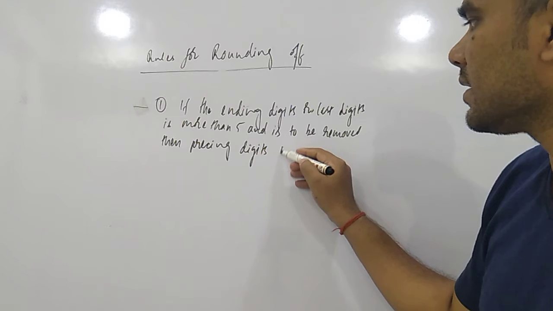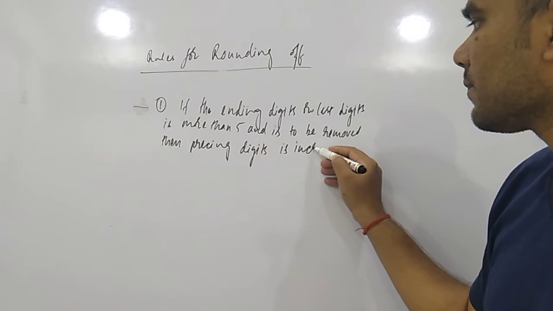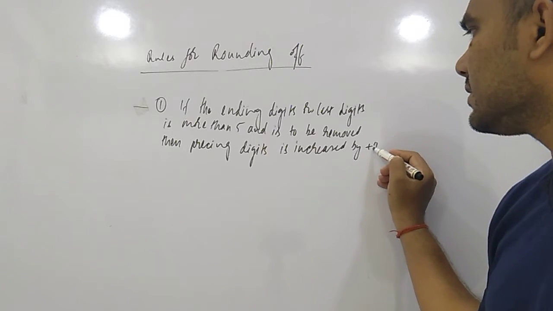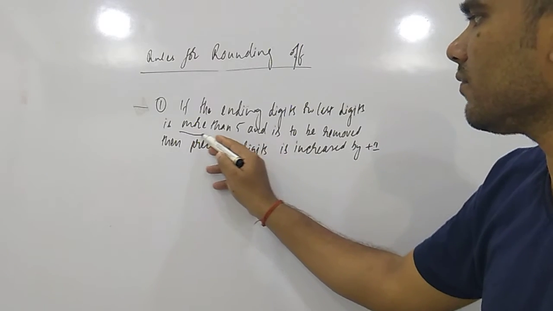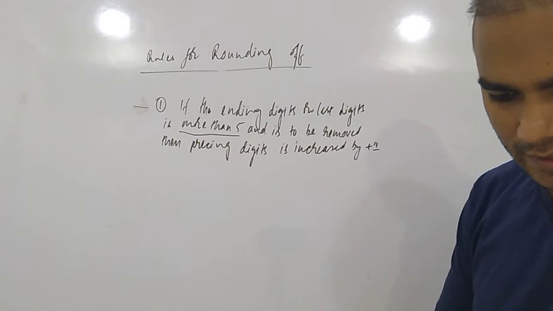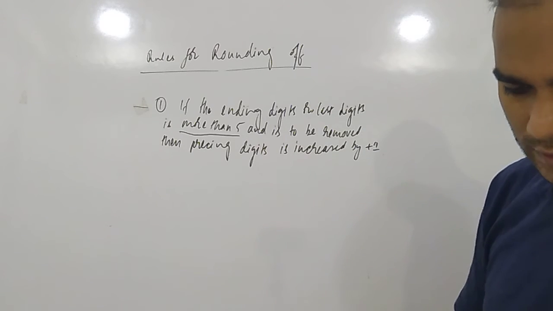So if the last digit is more than 5, then we have to increase the preceding digit. Let us see one example.